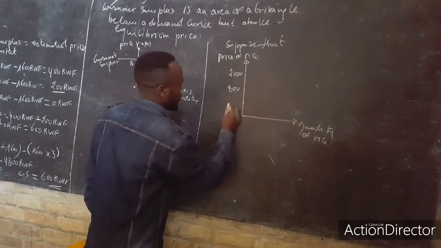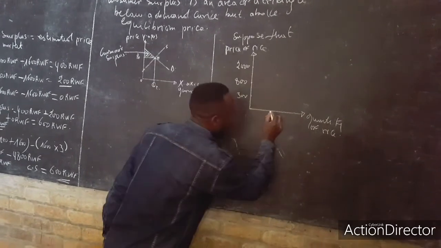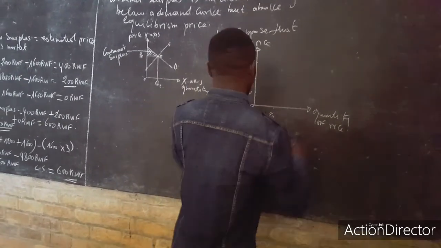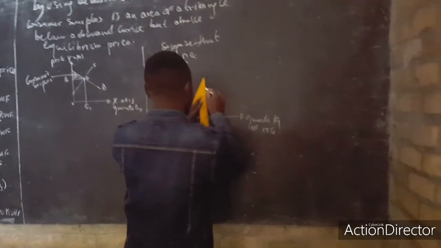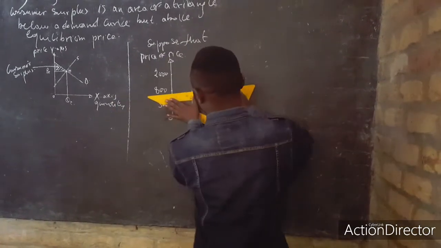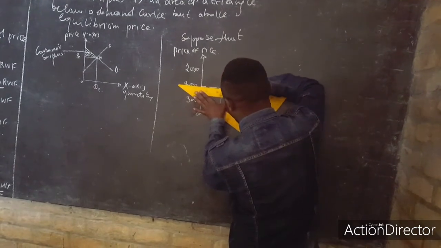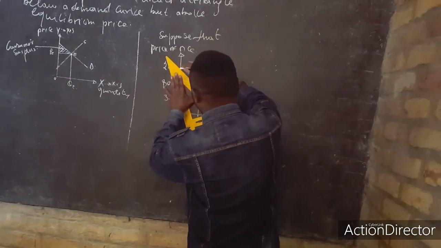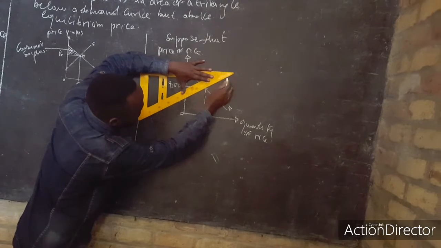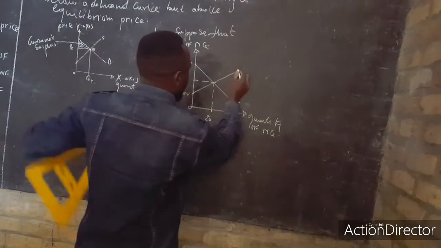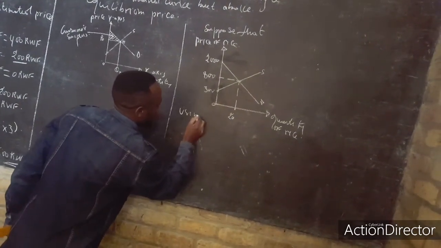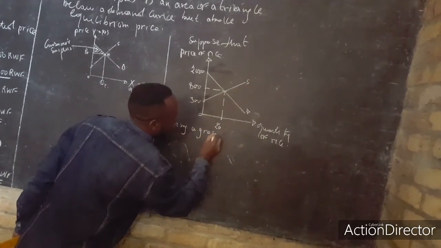Here 20 kilograms or 20 units. We have a demand curve and a supply curve. Calculate using the graph above.